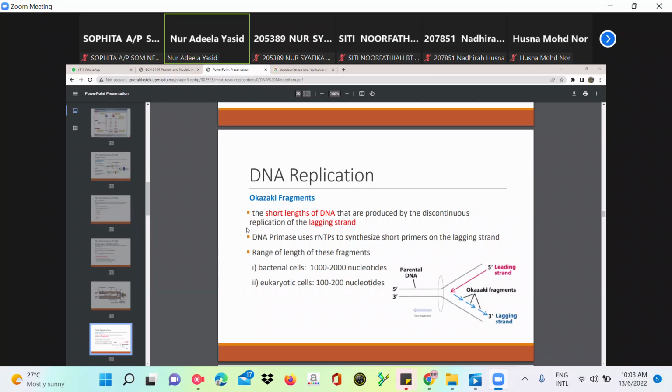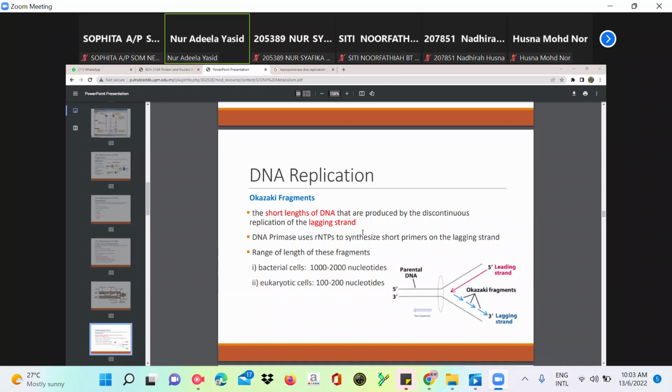Okay, so how does this Okazaki fragment get synthesized? By primase. So primase produces an RNA primer. Once we have this RNA primer, it will synthesize this short fragment.